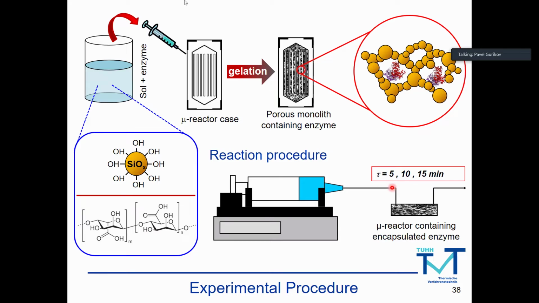So when you continuously, by a micro pump, inject the initial compound through your microreactor, the enzyme should be stable at that. So you have to have a protocol to make sure that the enzyme is stable. So basically, you have to inject something.